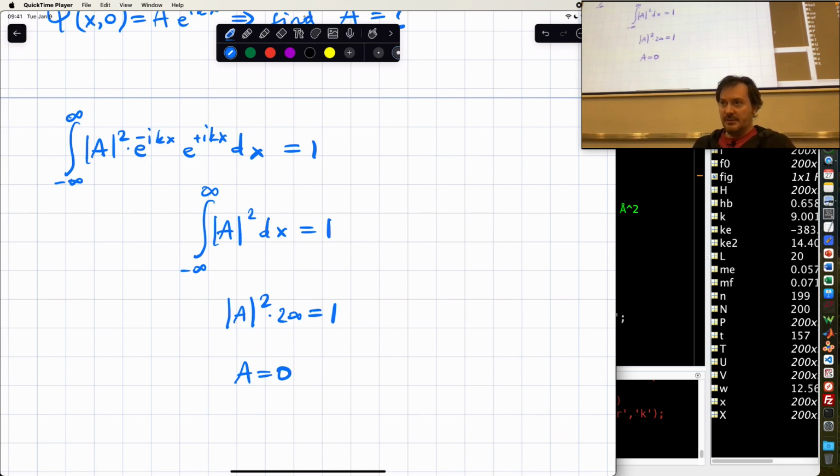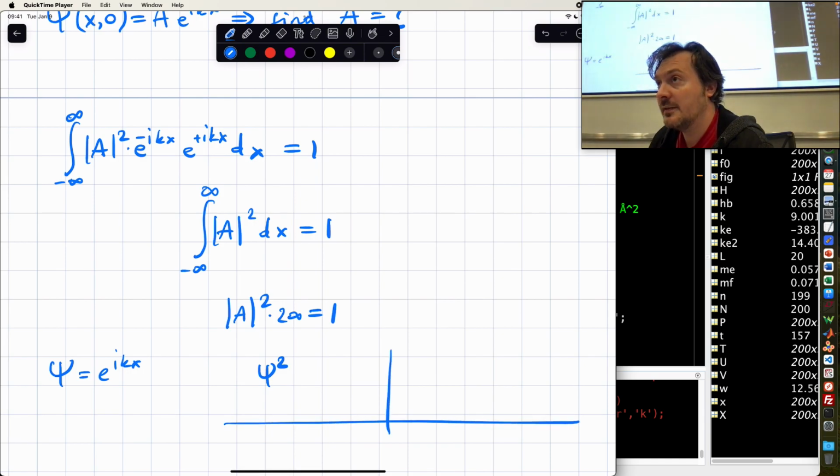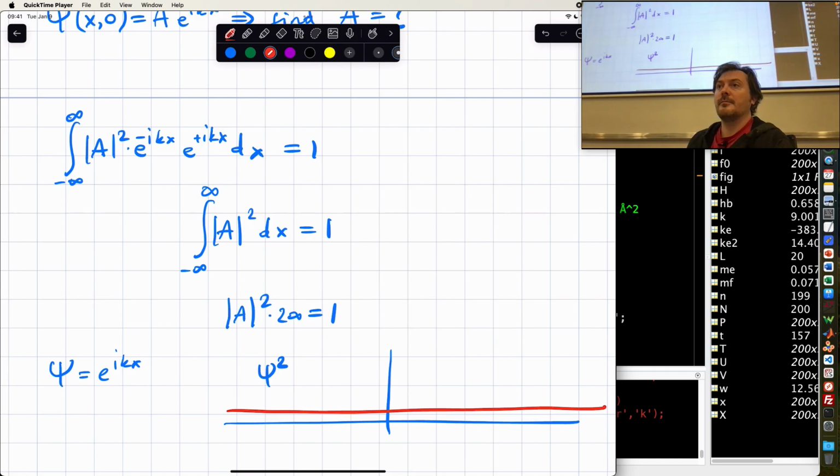The point is that when you have definite momentum, right, you lose the information of space. I mean, if you plot this, so let's say phi is e to the i k x, okay? If you plot phi squared from minus infinity to plus infinity, no matter what A is, its probability is the same everywhere. Okay?